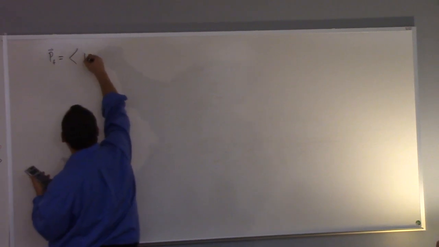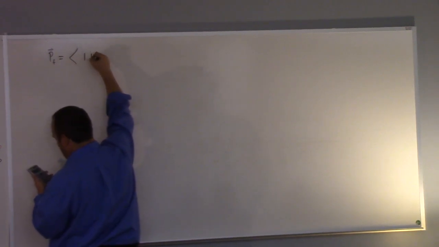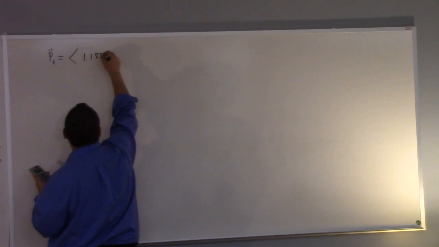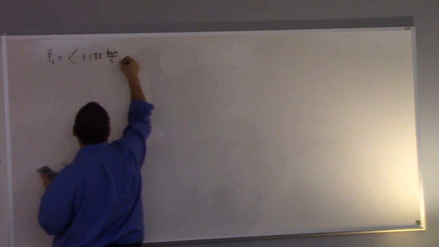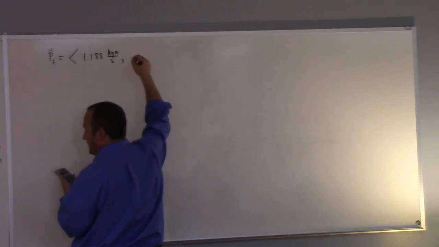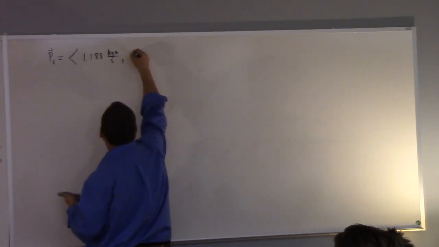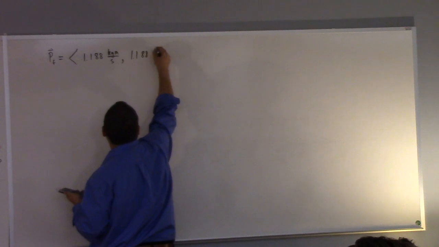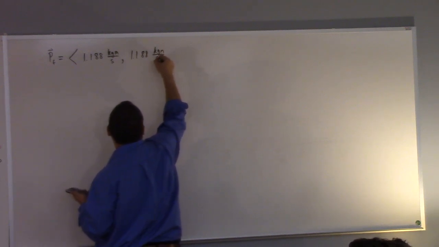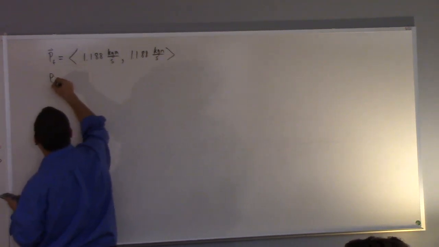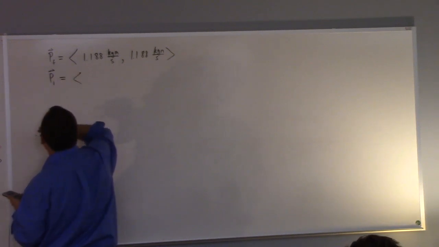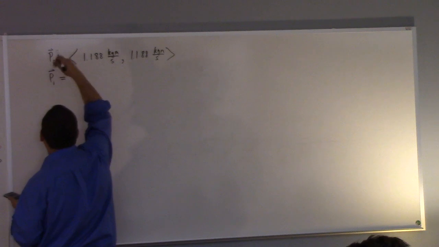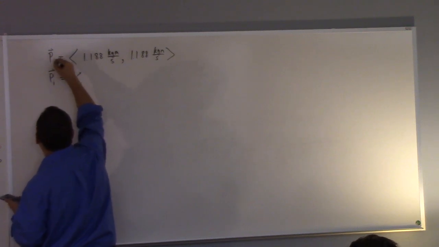I get 1.188, of course, kilogram meters per second. And then what's the other component? Well, the same, right? It's 1.188 kilogram meters per second. What's the initial momentum? Oh, I'm sorry. That is the initial, isn't it? Sorry about that. Initial. What's the final momentum?